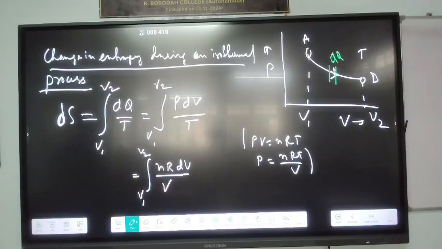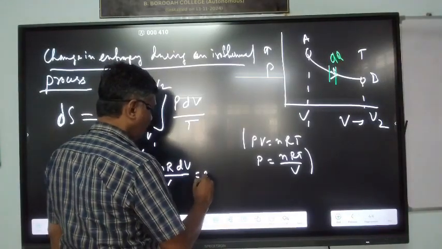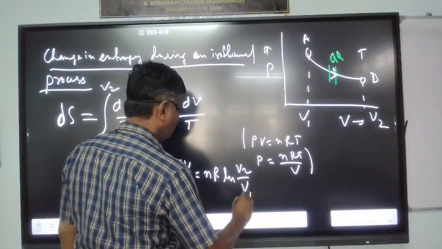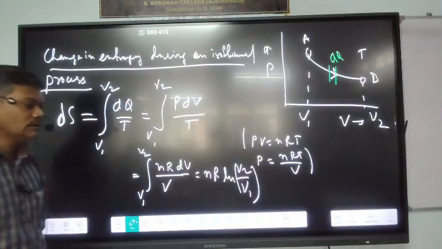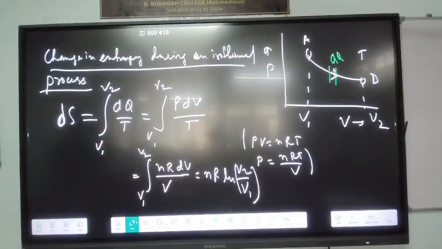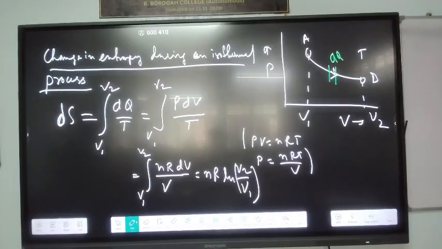I will get ln of V. So this will give me nR ln of V2 by V1. This is the change in entropy for the isothermal process. While going from A to B, the change in entropy will be equal to nR ln of V2 by V1.